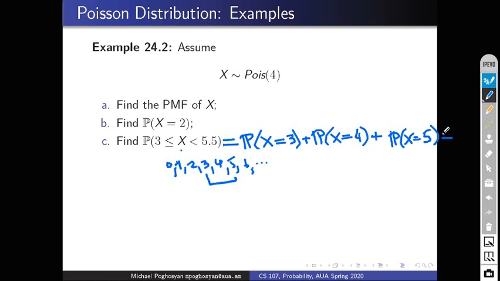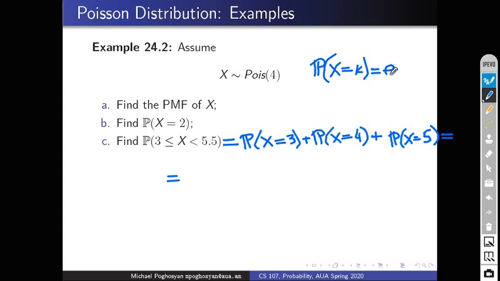And by using that PMF formula, we can calculate this probability easily. So I am calculating this. So the probability that x will take the value 3 is, let me write here the formula, x is taking the value k with probability e to the minus lambda, lambda is 4 here, times lambda to the k over k factorial.